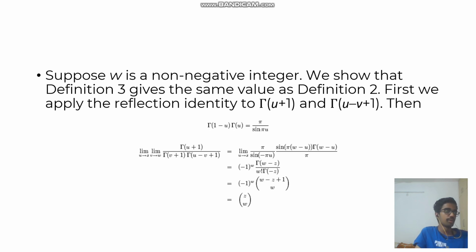Then we have Γ(1 minus u) times Γ(u) equals pi by sine of pi u, which can also be written as the limit as u tends to z and v tends to w of Γ(u plus 1) divided by Γ(v plus 1) times Γ(u minus v plus 1) equals the limit as u tends to z of pi divided by sine of minus pi u times sine of pi (w minus u) times Γ(w minus u) divided by pi, which is equal to (minus 1) to the power w times Γ(w minus z) divided by w factorial times Γ(minus z), which can be written as (minus 1) to the power w times (w minus z plus 1) falling w divided by w factorial, which is equal to (z choose w).